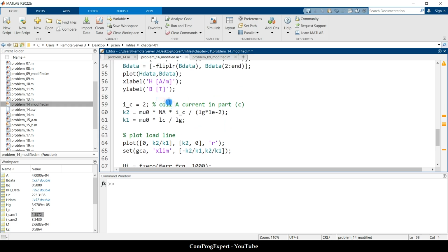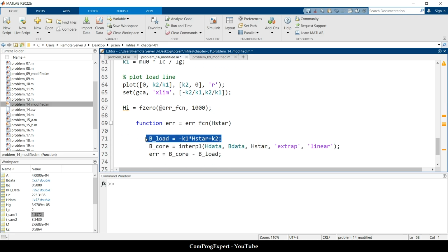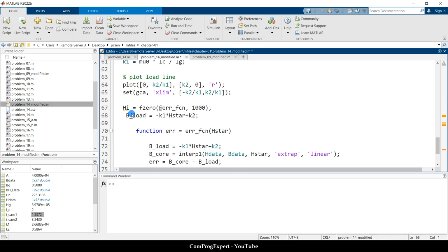And finally, we can use either the load line, this one, to find the value of the B of intersection, BI. This is the intersection point of the B. We need H intersection.